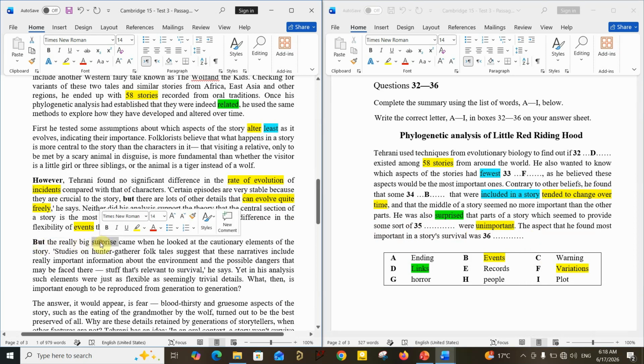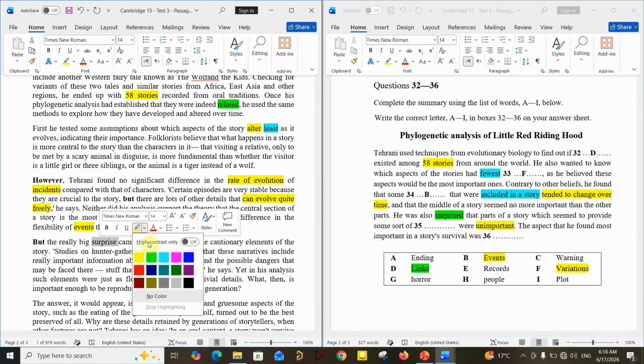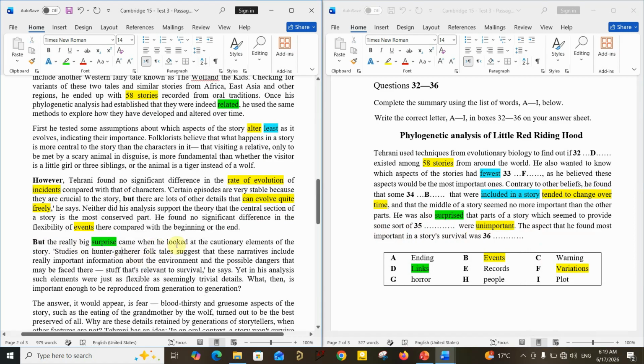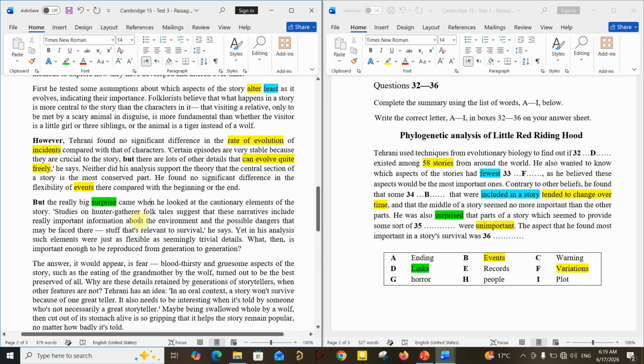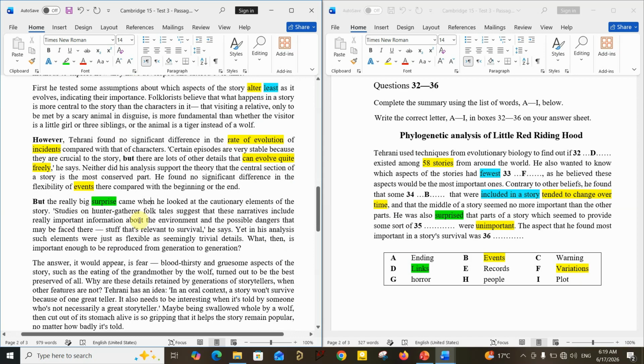The really big surprise, the answer would be in here, came when he looked, as you see, when I found the keyword, I read that sentence with more focus, and that's important because you don't have to read all the passage with more concentration. You don't have enough time for that during the IELTS exam. You have to know what sentence you have to be focused on completely.